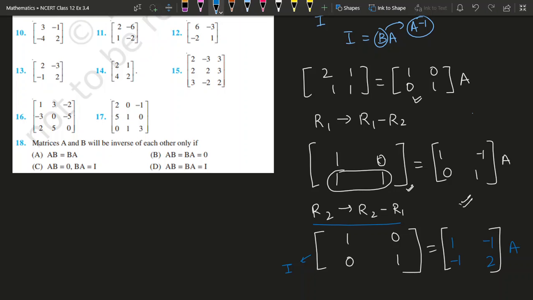So this matrix right here, 1, negative 1, negative 1, 2, is the inverse of the matrix that we started with, 2, 1, 1, 1.